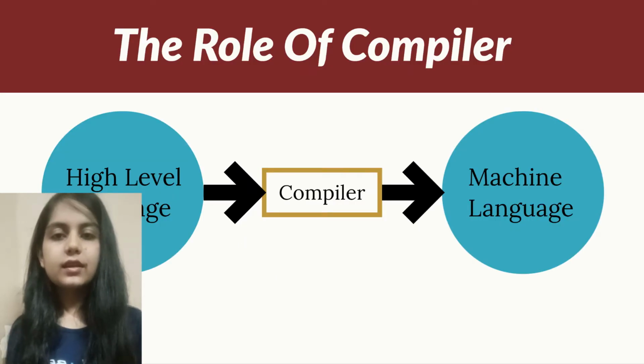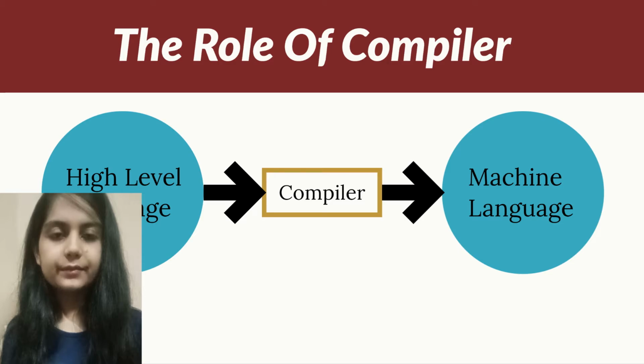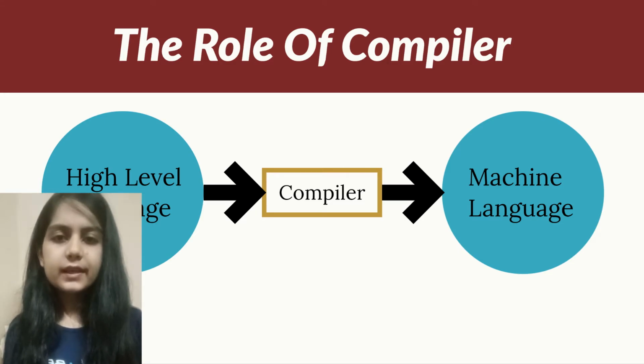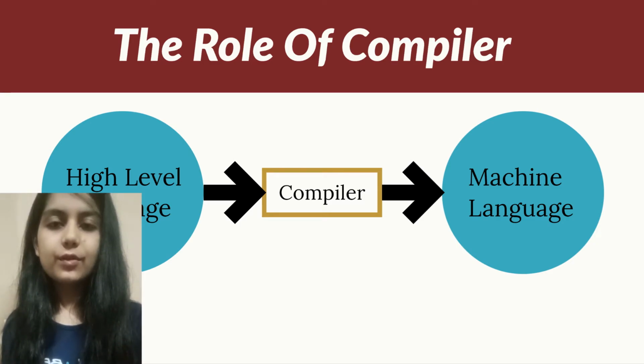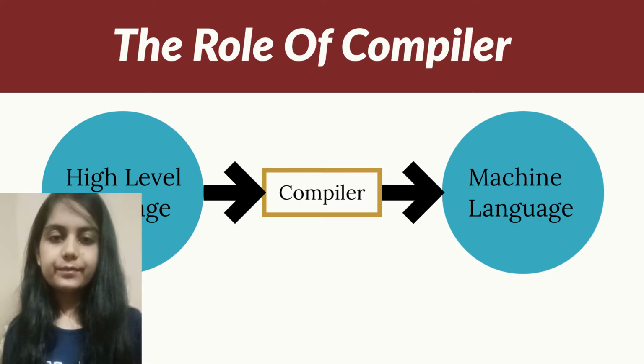Next is the role of the compiler. For a compiler, code is like a recipe. A compiler takes the recipe, meaning code, for a new program which is written in a high level language and transforms this code into a new language that can be understood by the computer itself.